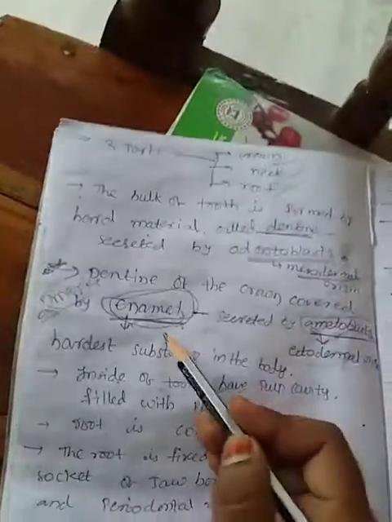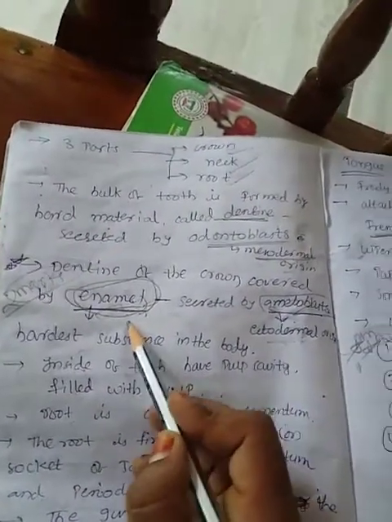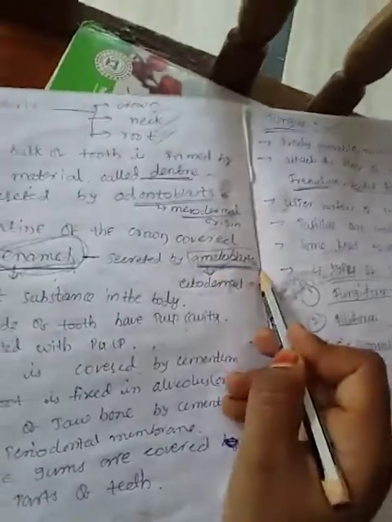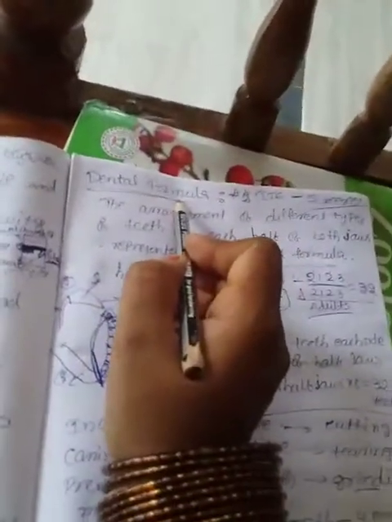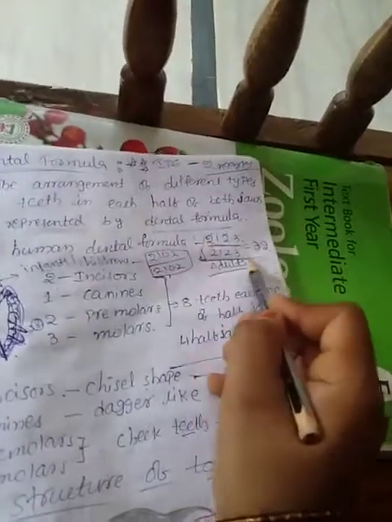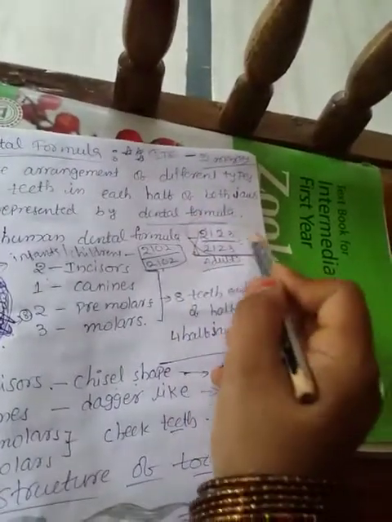This is the answer. And second, hardest substance in the body and its origin. These 2 words are the answer. And next, dental formula. And this is the answer.